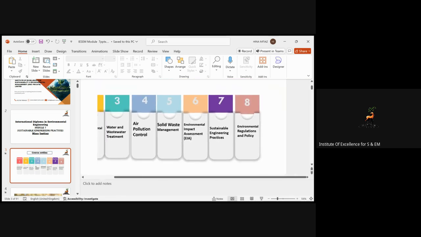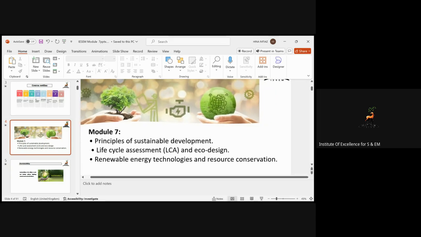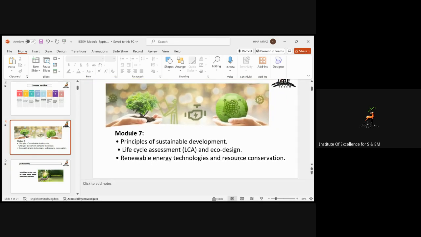So, moving towards today's class, module 7 has 3 main subtopics. First, the principles of sustainable development. What are the principles of sustainable development? We will learn in this class. Then, what is meant by life cycle assessment and eco design, and the purpose of life cycle assessments.